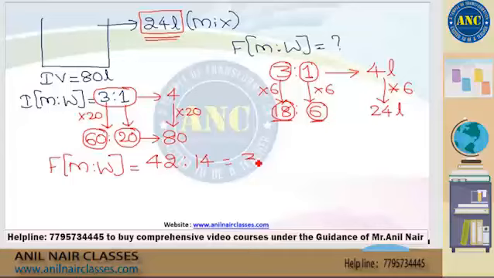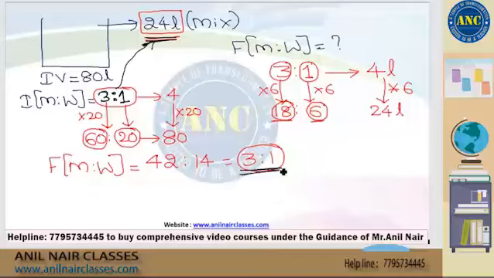42:14 is also 3:1. That means the reason why I took these two examples is it is very easy to say for you people from these two examples that whatever the mixture which I am taking outside should always be taken out in the same ratio or whatever it is given as initial ratio, and if you take out the mixture outside in the same ratio as that of initial ratio, my final ratio will also be same as the initial ratio.